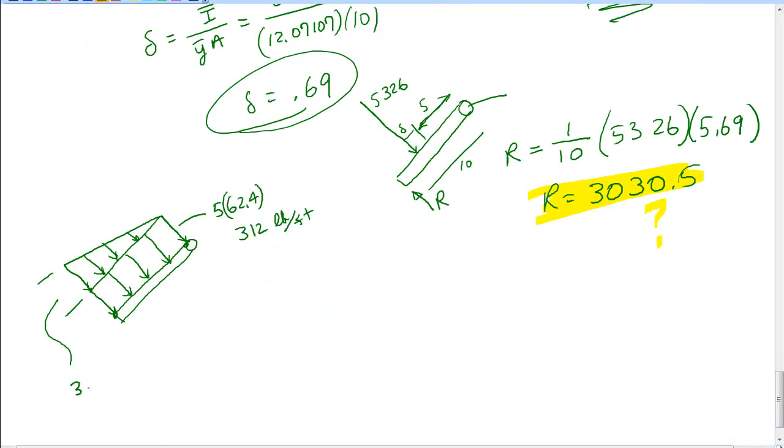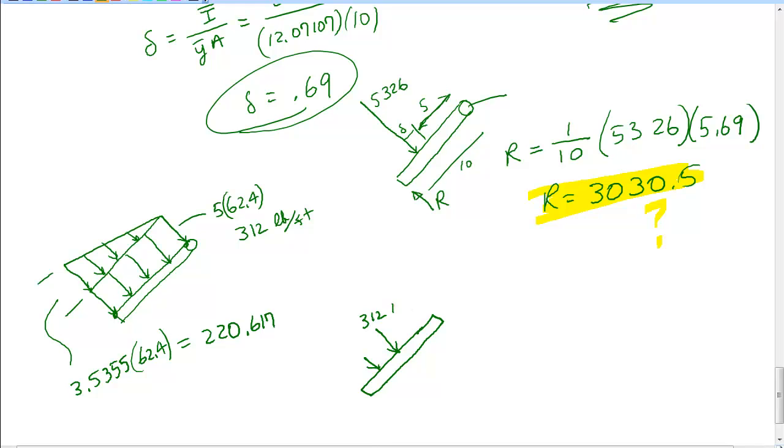So this value is 3.5355 times 62.4, or 220.617. Okay, so just like that, you've got two loads. This first load is 312 pounds, but over 10 foot. So it's 3120 pounds right there in the center.